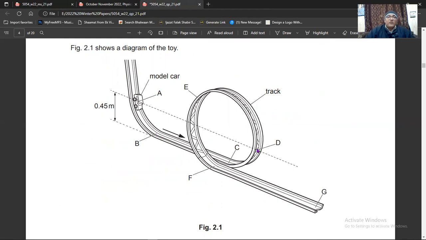At the point D, whose height is the same as A, the gravitational potential energy will be 0.54 joules. So when the car goes from C to D, all its kinetic energy will be converted into potential energy. And the car does not have more energy to go past the D point. It has just enough energy to reach the point D.